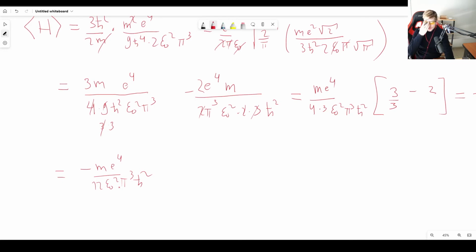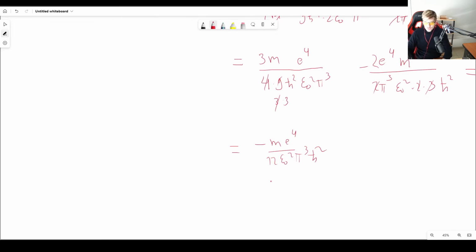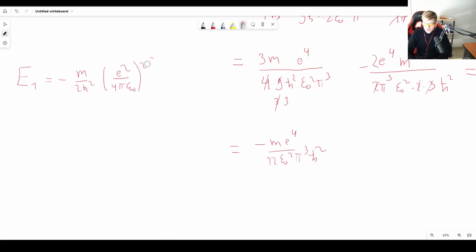And unless you want to plug every single number into the calculator, we will have to do a little bit of algebra here. So let's recall that the energy for the ground state of hydrogen has the following formula. So it's minus 2m over 2h bar squared times e squared over 4 pi epsilon 0 squared, and times 1 over n squared, of course, but we are at n equals 1.